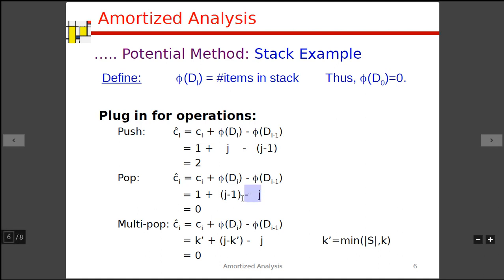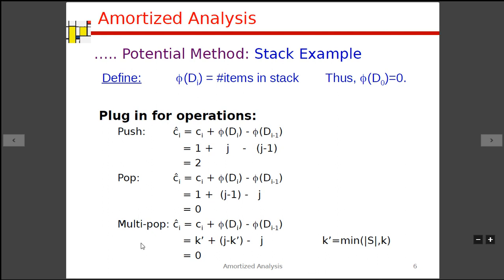So j minus 1 has potential 0 and j has potential 1. So 0 minus 1 becomes minus 1. So this 1 minus 1 will become 0. So this is about the amortized cost of the pop operation. The amortized costs of push and pop operations are 2 and 0.